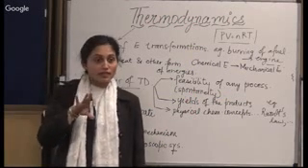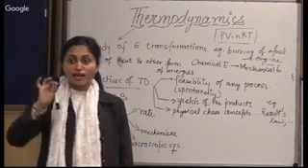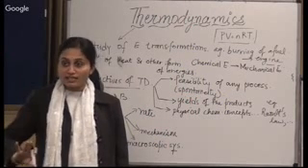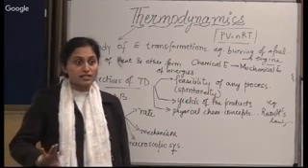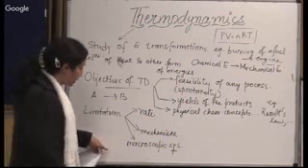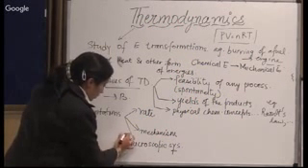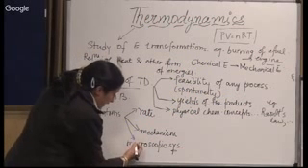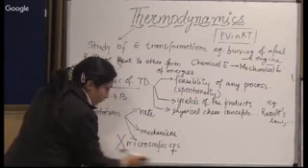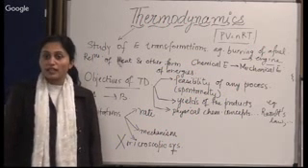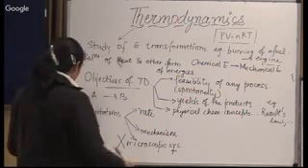So whenever we study quantum mechanics, there we had studied that whatever properties your macroscopic systems have, they are possessed even by the microscopic entities. But when we talk about the laws of thermodynamics, they are only applicable to the macroscopic systems. So the limitation is that they cannot be used for the microscopic systems at all. Okay, they cannot be used for the microscopic systems.